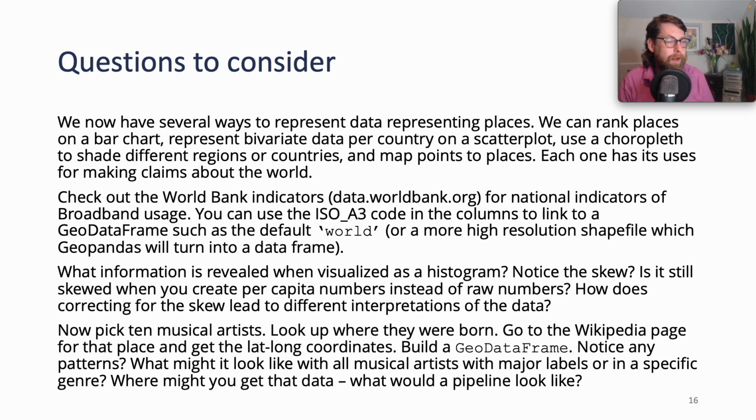Now, I had mentioned the World Bank's data platform a few times, partially because it's very extensive, and also because it has ISO codes for countries that can be easily mapped onto these sorts of data frames that you have here, such as the Natural Earth Low Res one, and you can use the ISO A3 code for that.